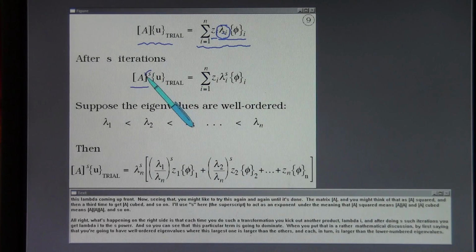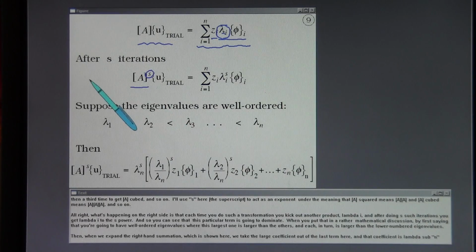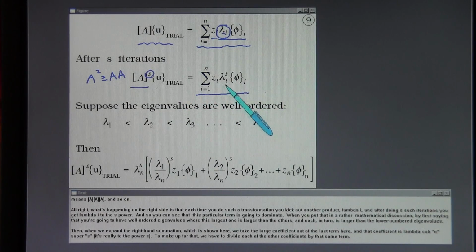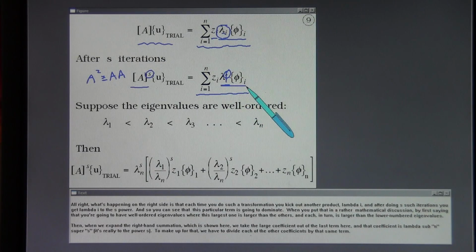I'll use s here, this superscript, to act as an exponent under the meaning that A squared means A times A, and then A cubed means A times A times A, and so on. All right, what's happening on the right side is that each time you do such a transformation, you kick out another product lambda i, and after doing s such iterations, you get lambda i to the s power. And so you can see that this particular term is going to dominate.